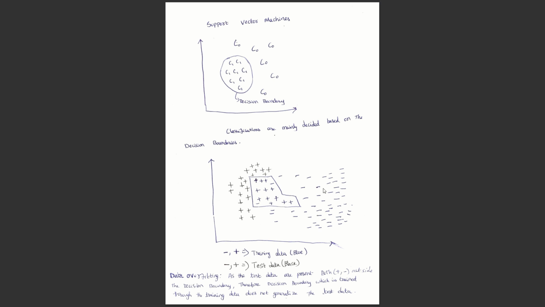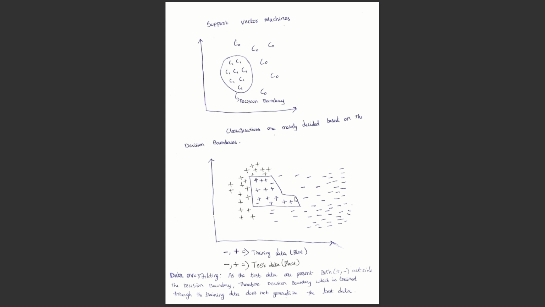Of course, negative satisfies, but the positives are outside. This decision boundary is trained with this training data, and it does not help to generalize to the test data. Therefore, this is called data overfitting. So we looked into the decision boundary, and we looked into one of the disadvantages of having such a shape.